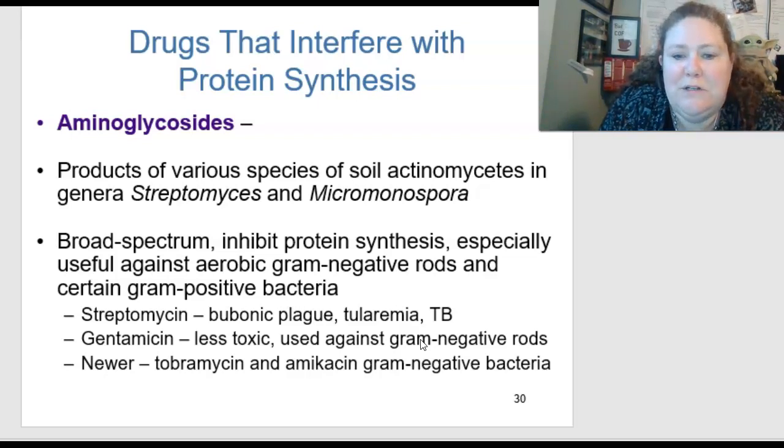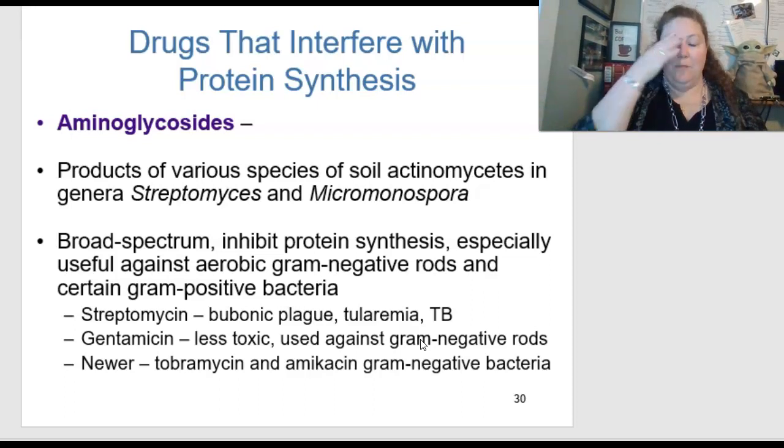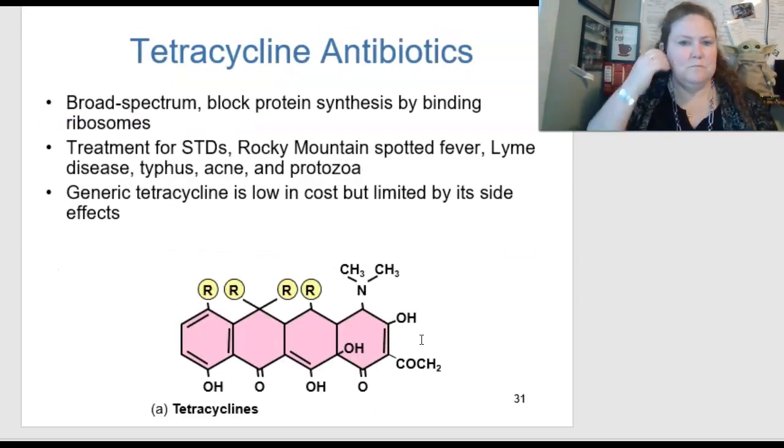These guys would be like your streptomycin, which can target the bubonic plague, tularemia, and tuberculosis. Gentamicin, which we use more because it's less toxic and it can be used against gram-negative rods. And then the newer ones would be the tobramycin and the amikacin, and these would help target gram-negative bacteria.